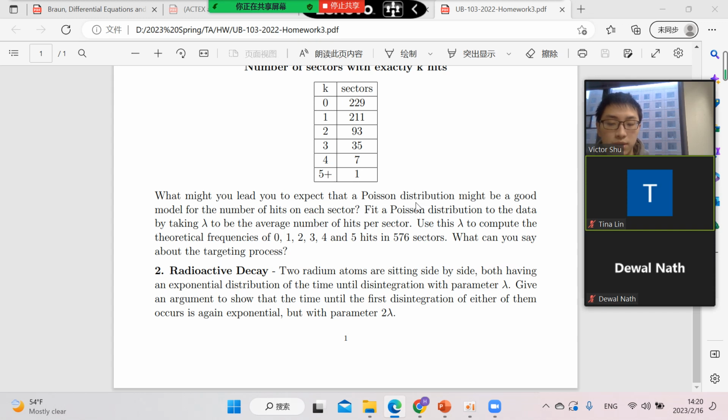You have minus lambda t plus minus lambda t, and that gives you minus 2 lambda t, and you can combine that into one parameter. So that's again an exponential distribution with parameter 2 lambda. That's the idea. You should form your writing and logic a little bit more clearly, but the idea is basically e to the a times e to the b equals e to the a plus b. That's the idea of this question.